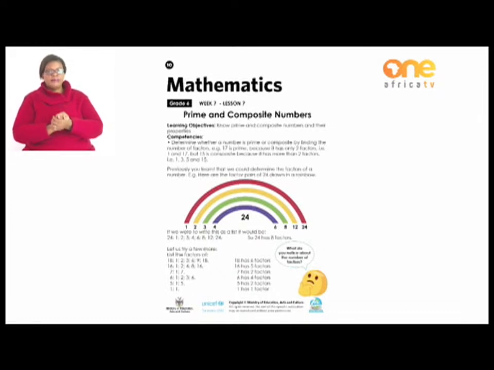So, to sum this up, 1 is not a prime number, nor is it a composite number. Alright? A prime number must have, and only has, two factors. Alright? And then lastly, a composite number must have 3 or more factors.